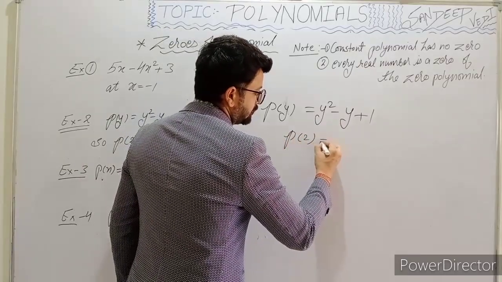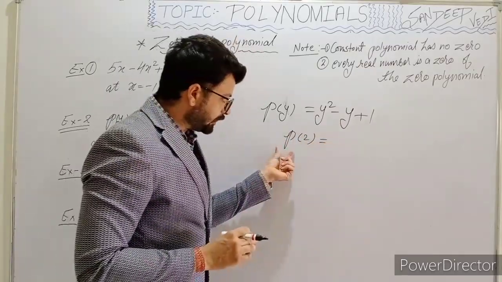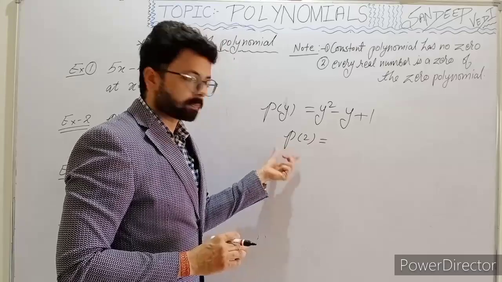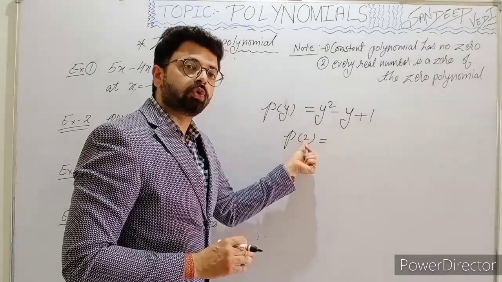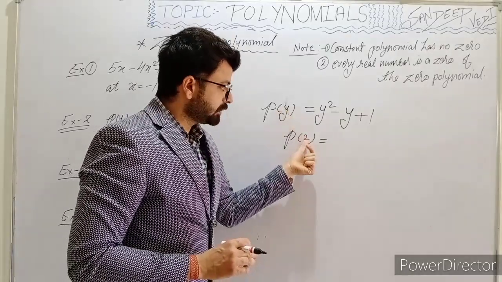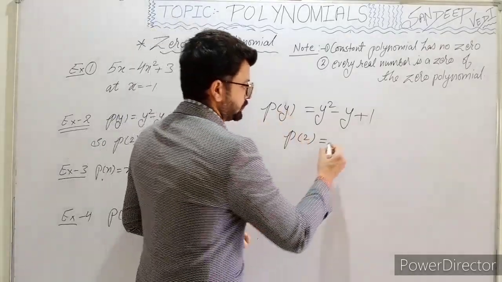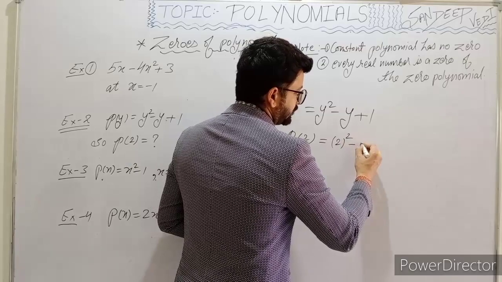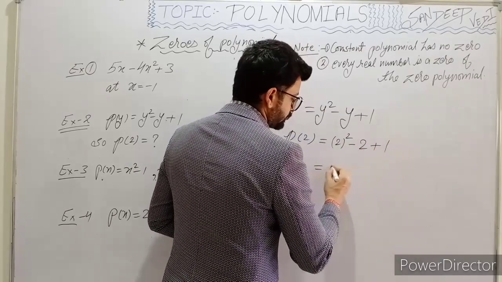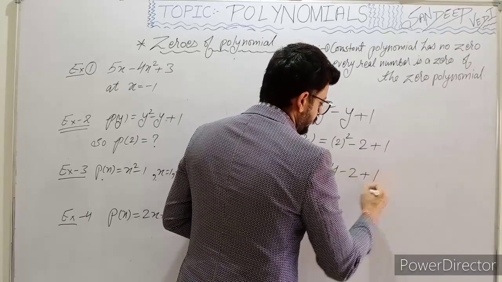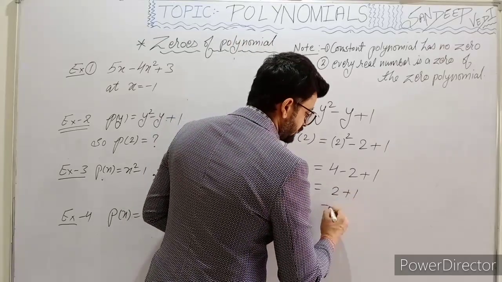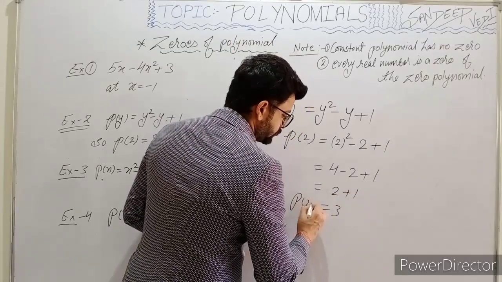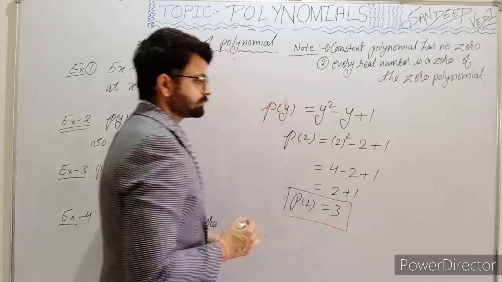What is the meaning? Calculate the value of this polynomial at 2. At 2 means at the place of y will be the value 2. So 2 square minus 2 plus 1, 4 minus 2 plus 1, 4 minus 2 is 2, 2 plus 1 is equal to 3. So the P(2) value is 3.